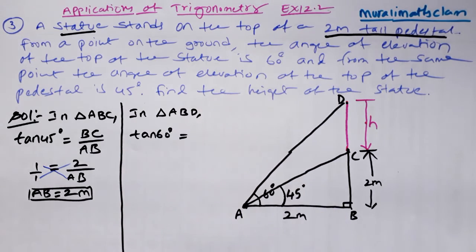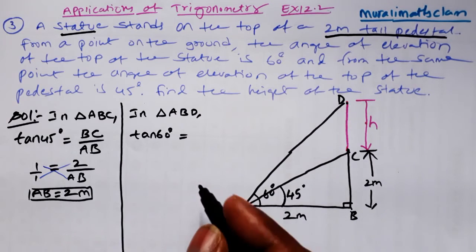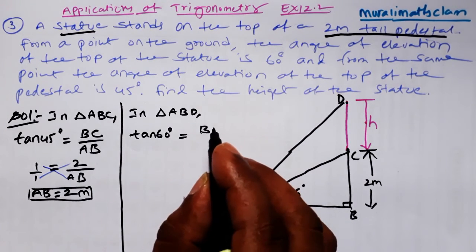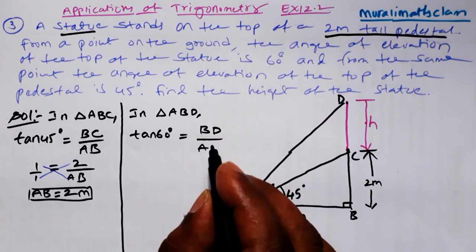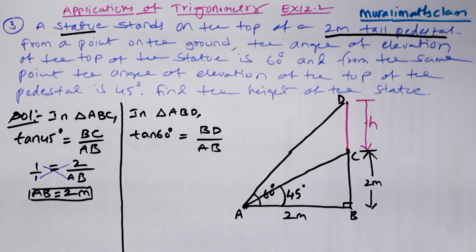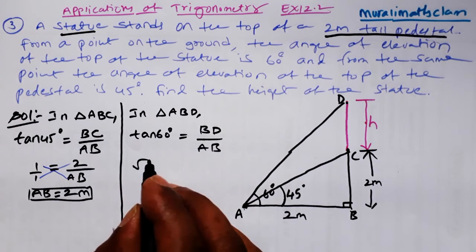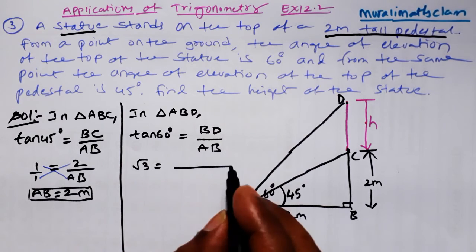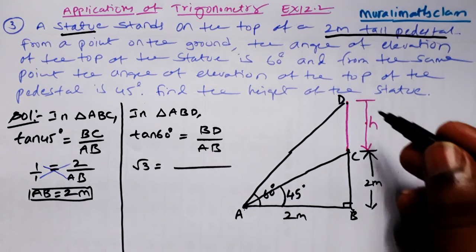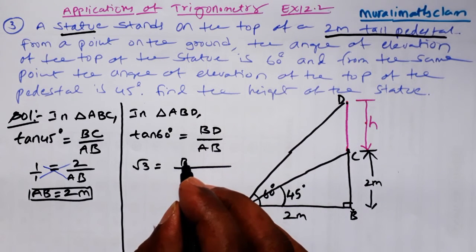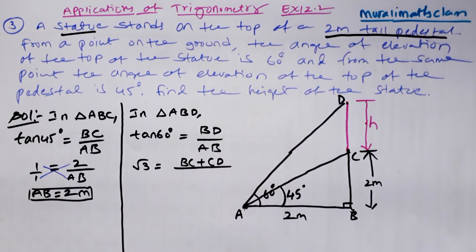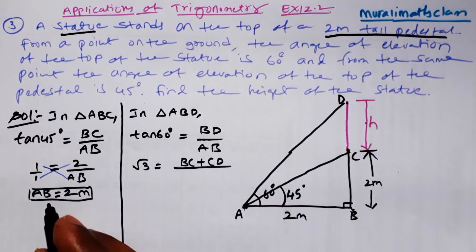Tan 60 equals opposite over adjacent. In triangle ABD, BD is opposite, divided by adjacent AB. Tan 60 is root 3 equals BD, and BD is nothing but BC plus CD, over AB, which we know is 2 meters.